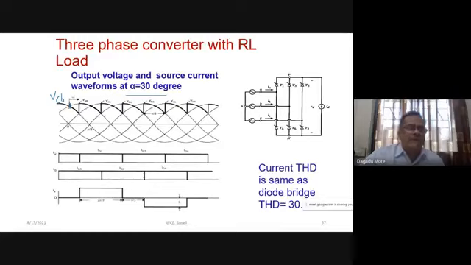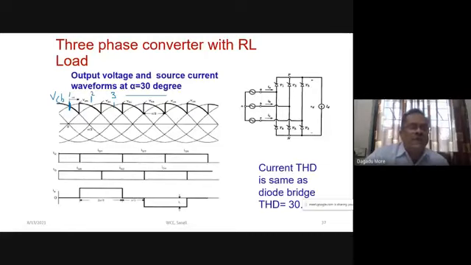So this is the alpha equal to 0 position for T1. After that, this will be the alpha equal to 0 position for T2, and then this is for 3, from where we measure the firing angle. And this firing angle is 30 degrees.